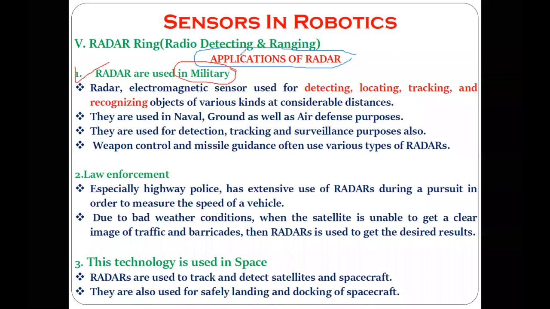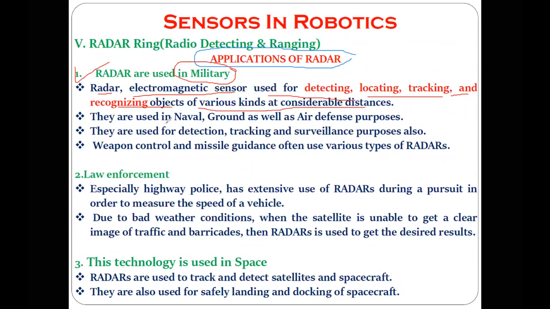Likewise, on the ground, in army border protection, radar can be utilized. Radar electromagnetic sensors are used for detecting, locating, tracking, and recognizing objects of various kinds at considerable distance.